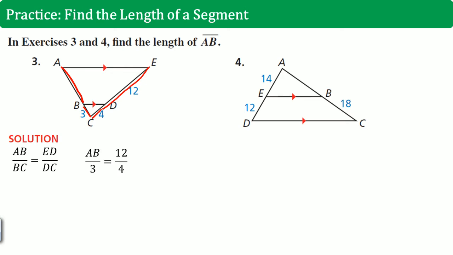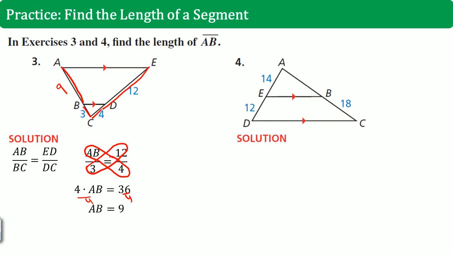Plug in the values. So AB is what I'm trying to figure out. 12 divided by 4. Cross multiply. 4 times AB and 3 times 12, which makes 36. Then I divide by 4, I get AB equals 9. So this is 9.